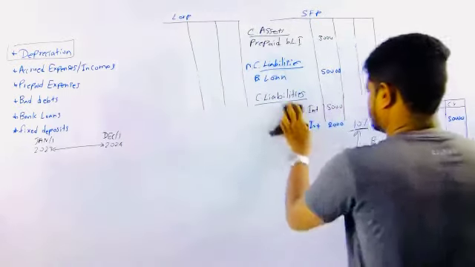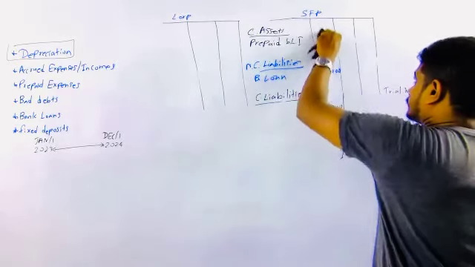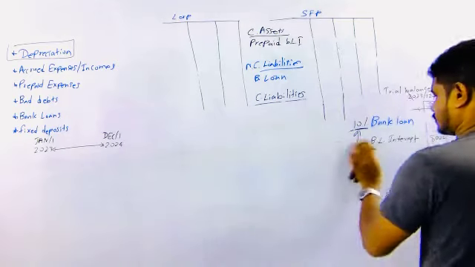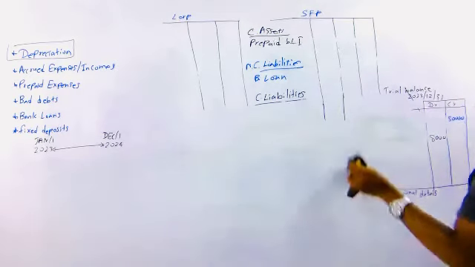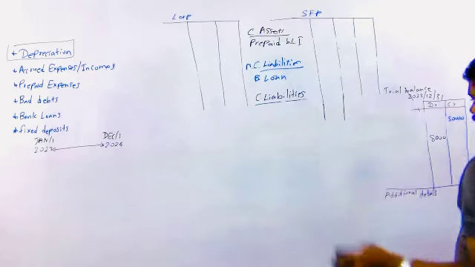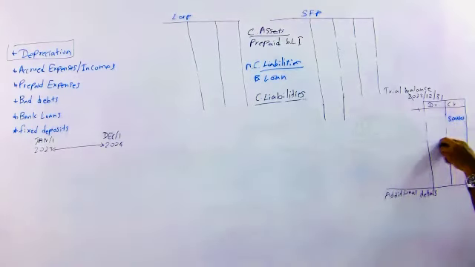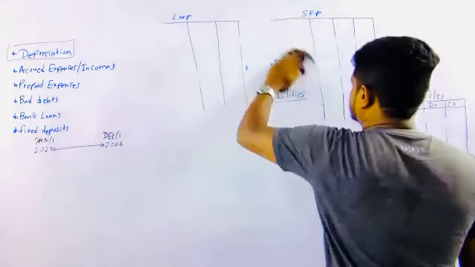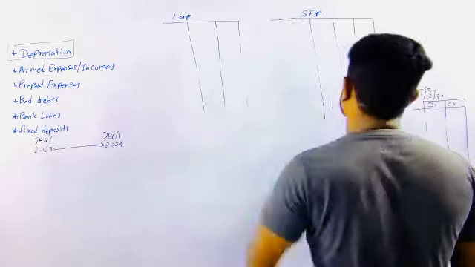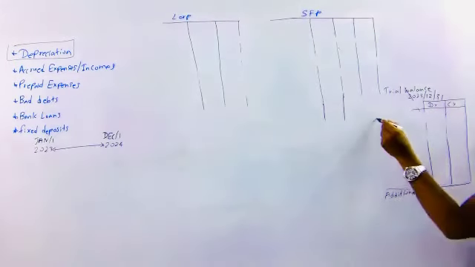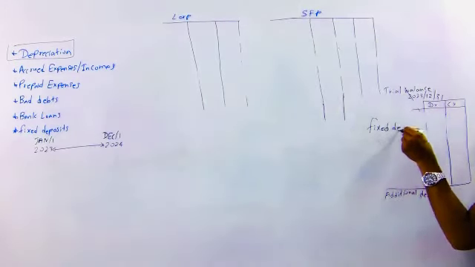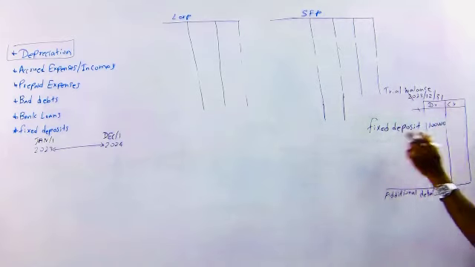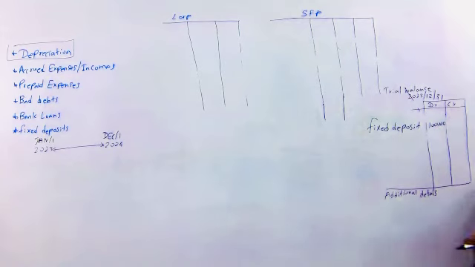So let's say as fixed deposits, they have mentioned 100,000, right? Debit, no, it is an asset. So balances of assets are debit.